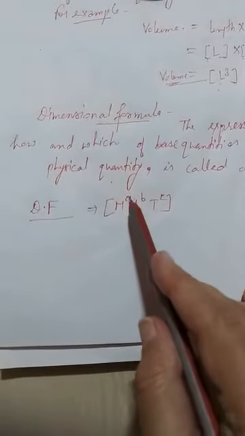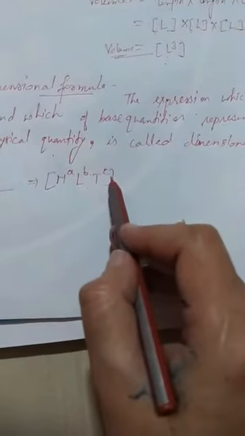That is, M raised to power a, L raised to power b and T raised to power c.